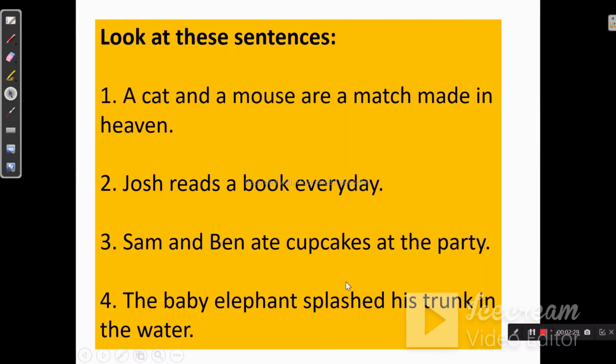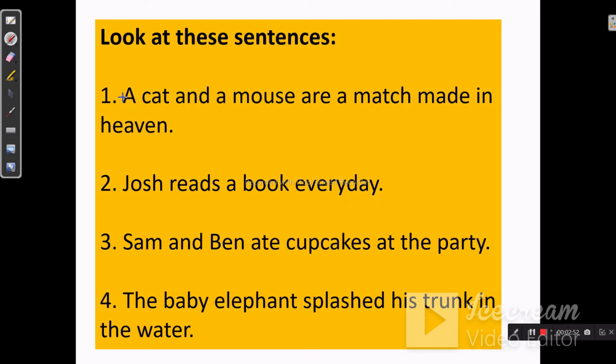Now let's look at these sentences and try to identify subject and predicate in these sentences. The first sentence is, a cat and a mouse are a match made in heaven. We have to ask this question to ourselves, who are a match made in heaven? We have to identify who in the sentence.